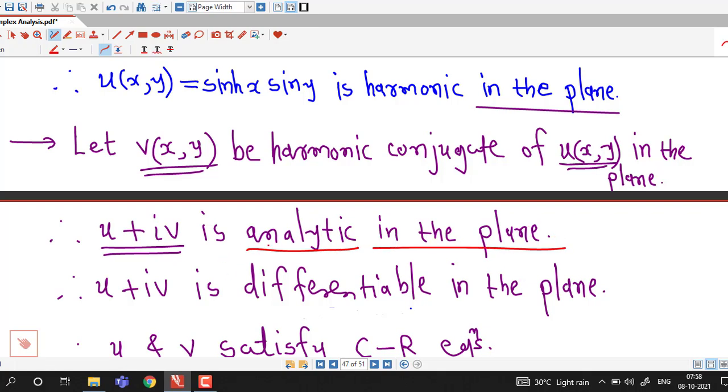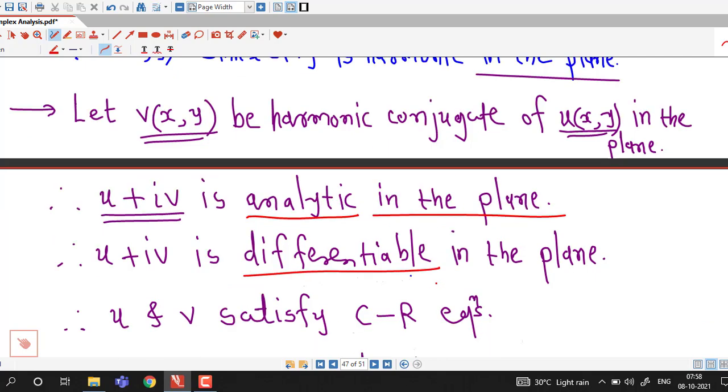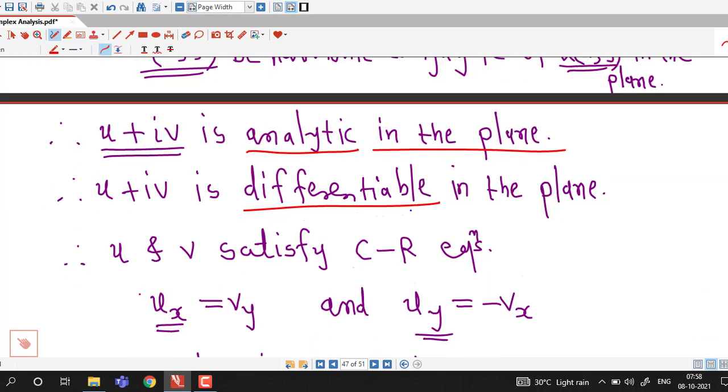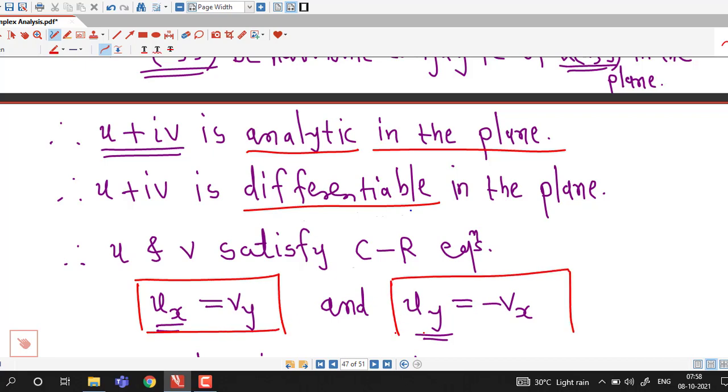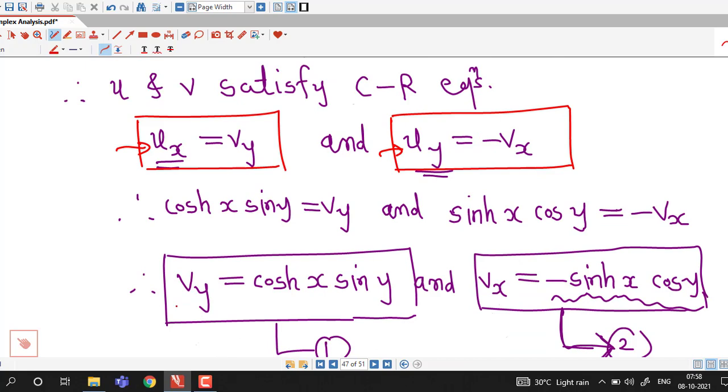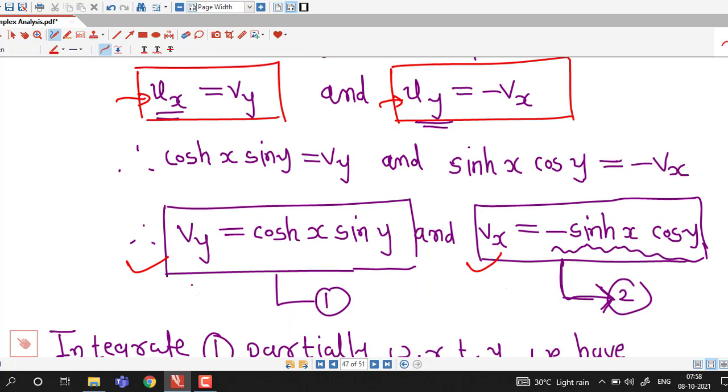Now if a function is analytic, it is differentiable, and if it is differentiable, then the Cauchy-Riemann equations are satisfied. Now we will be given one function u, so we will have partial derivatives of u. Using the partial derivatives of u with respect to x and y, we will obtain partial derivatives of v with respect to x and y.